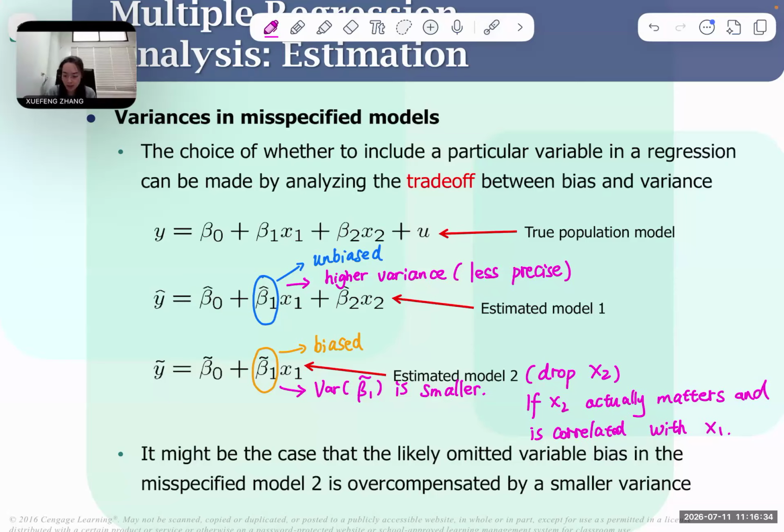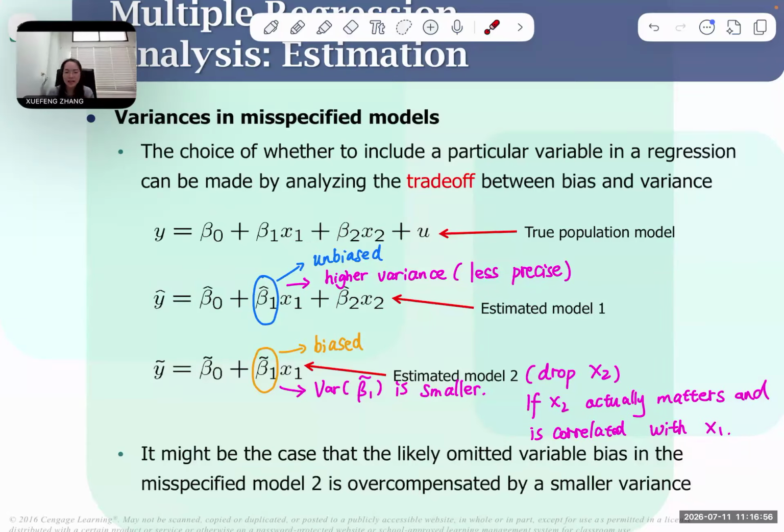Okay, so here we see sometimes a biased but precise estimate can be closer to the truth, on average, than an unbiased but very noisy one.